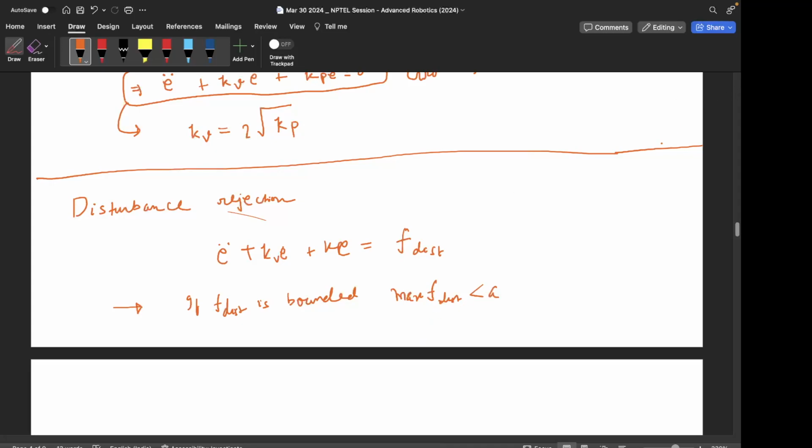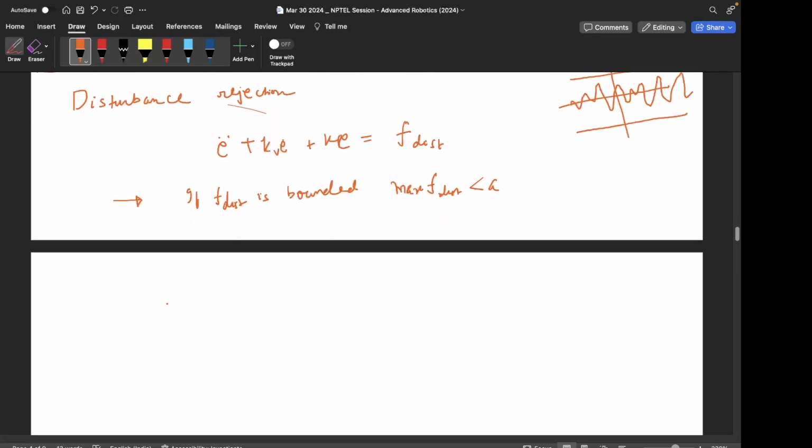So let's say if you plot the disturbance, it comes out something like this. It changes, it is not constant, right? But it stays within some values, which means that it's bounded.